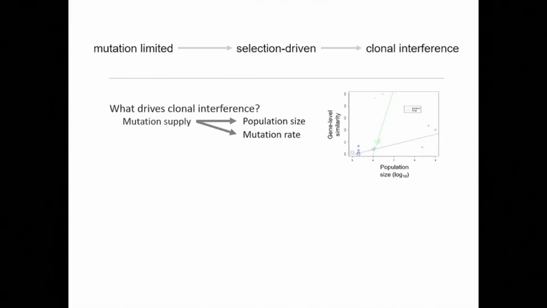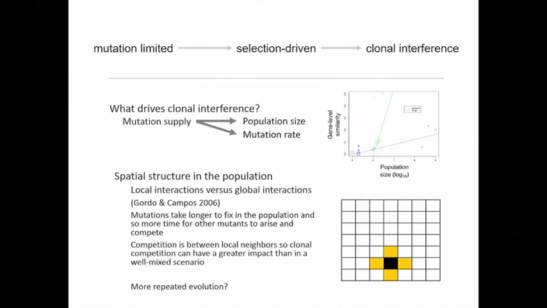What people have thought about previously is how clonal interference is driven by mutation supply, in terms of population size and differences in mutation rates. As we increase the supply of mutations, we would expect more competition between clones. We can do that by increasing population size or mutation rate, and we saw that general trend with the data I showed you previously.